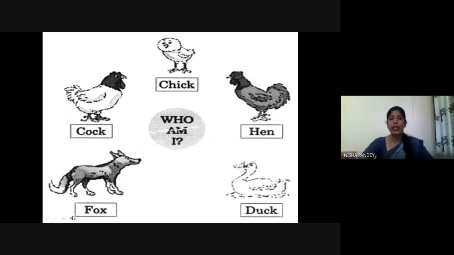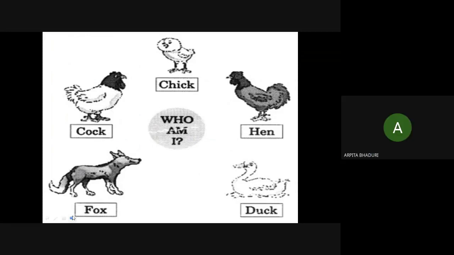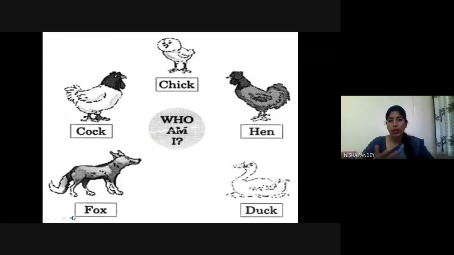Domestic animals means we can find them in our neighborhood, right? And they are used for some purpose. For example, a cow. So cow is used for which purpose? For milk, right? And you can say hen, that is for eggs. Yes, ma'am. Goat goes again for milk.